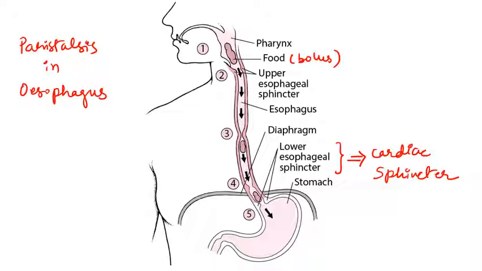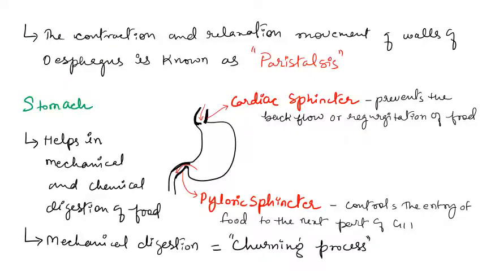So food enters the mouth first, and then it will become a bolus, and this bolus will go towards the stomach using peristalsis movement. Before entering the stomach, it will cross through the cardiac sphincter.